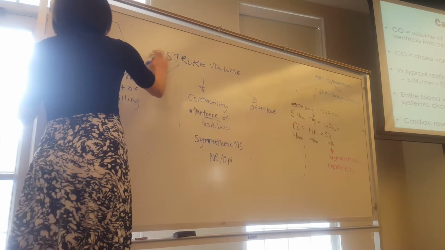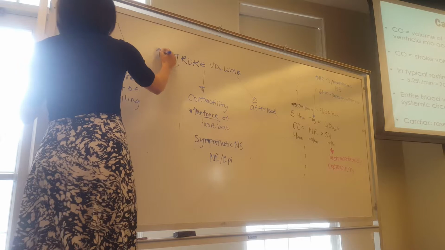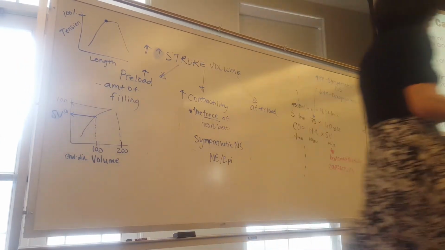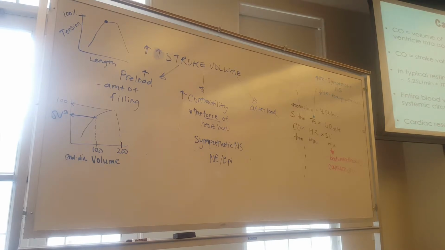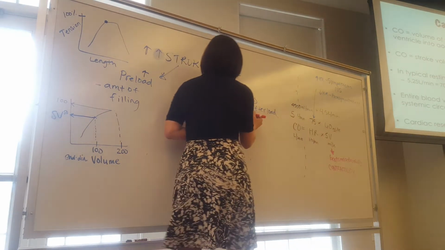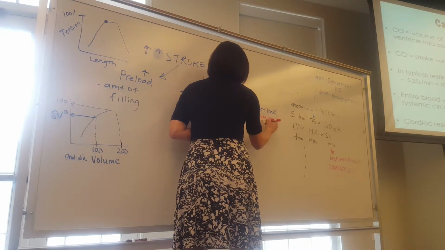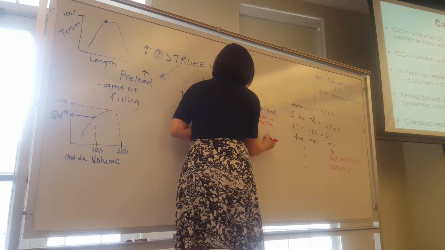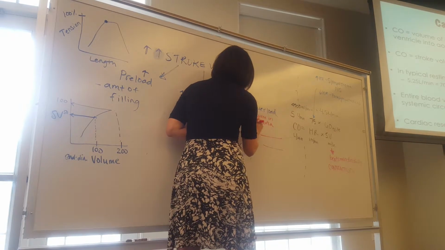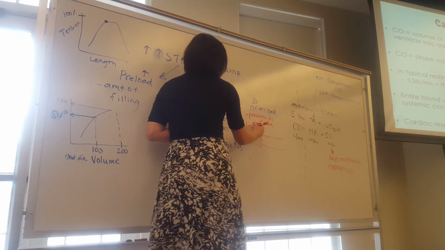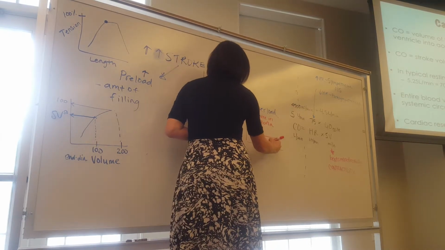Very quick. Last one, real quickly. All right. Afterload. Afterload is the pressure in the aorta. All right, so we've got our left ventricle here, and we've got our aorta.